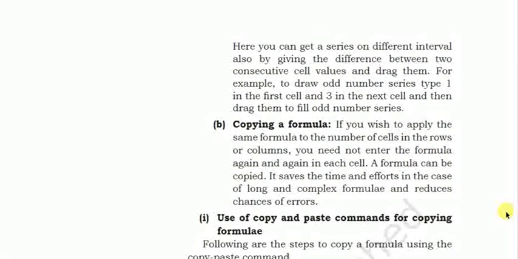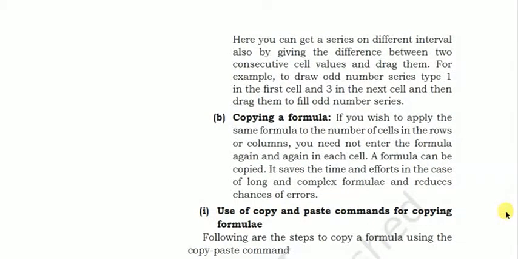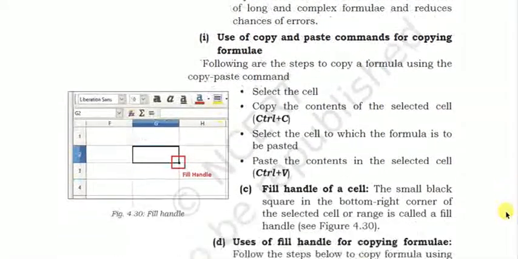When you copy a formula, if you want to apply the same formula to a number of cells in the rows or columns, it can be copied. Okay, you should copy it and then paste it. So how will you do it?